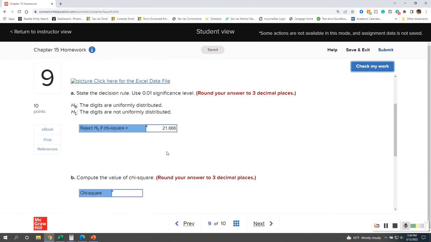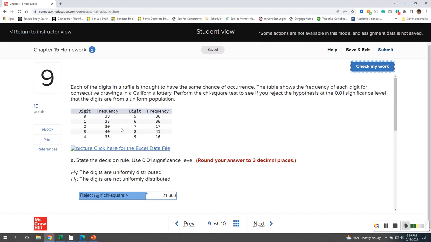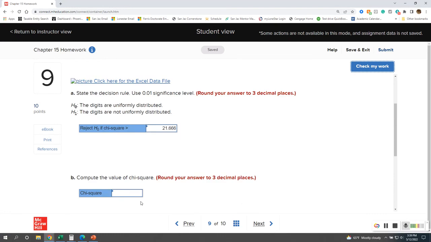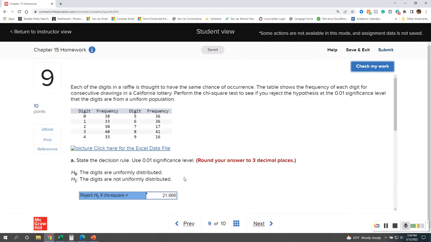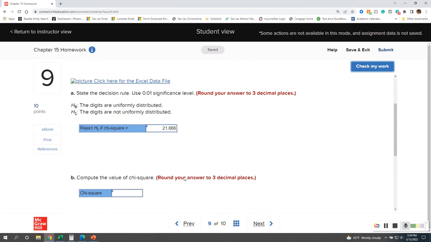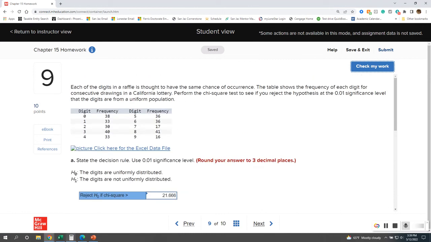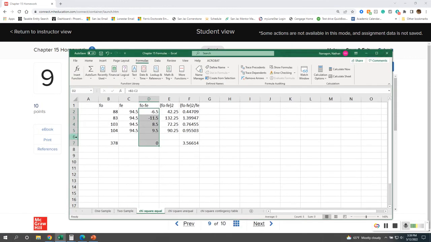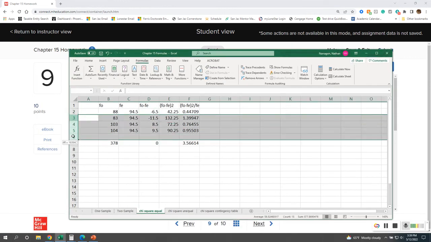Okay, compute the value of chi-square. Again, we have the frequency of 10 numbers, but we have no proportions, and they're thinking that they basically get drawn most at the same time. So instead of doing the Excel and bringing in all the info, we're going to go ahead and add it.